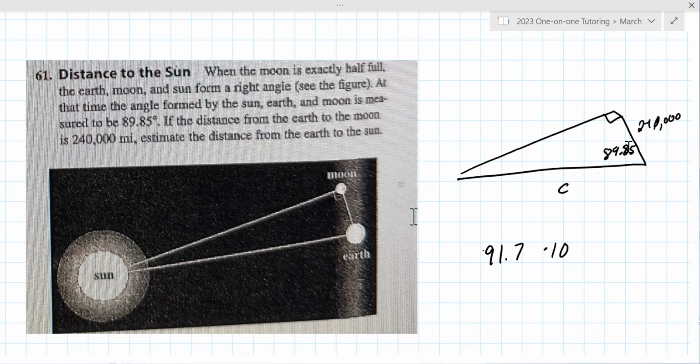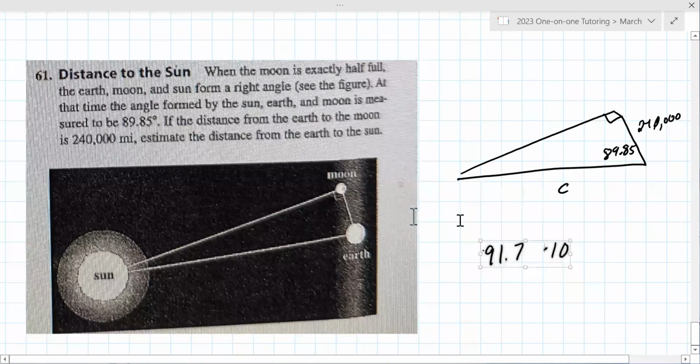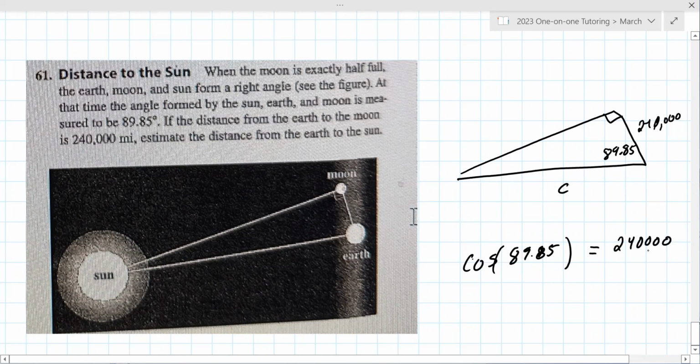Cosine of 89.85 times 240,000. No. So you're set up. You had it right. I didn't realize that you were not seeing, but it's cosine of that angle equals 240,000 divided by C. Okay, so it was okay.